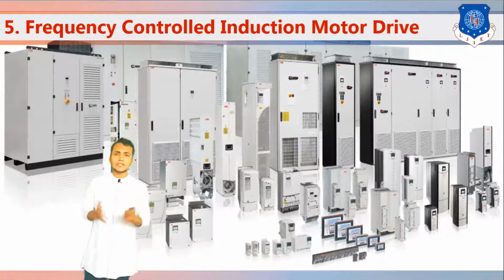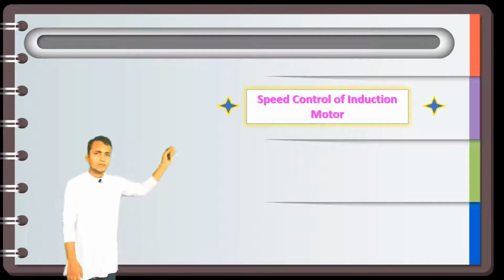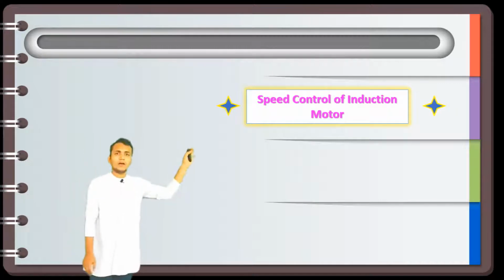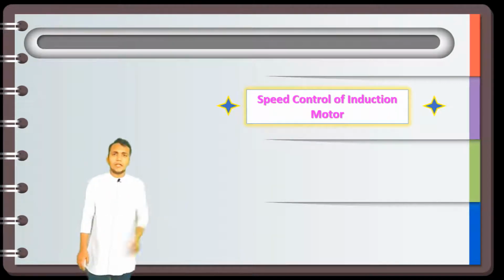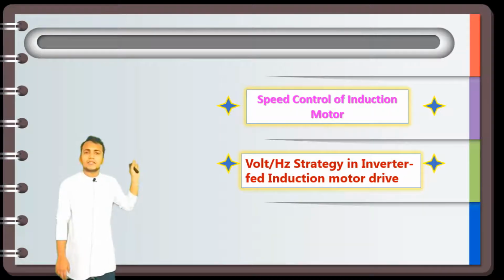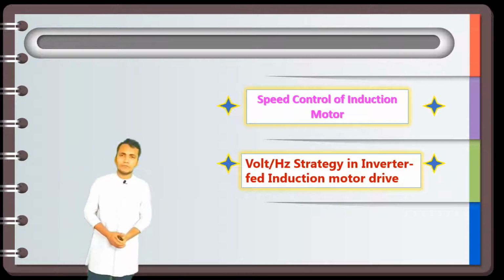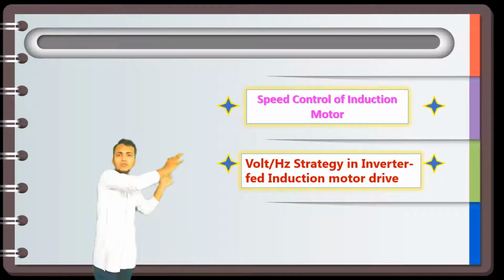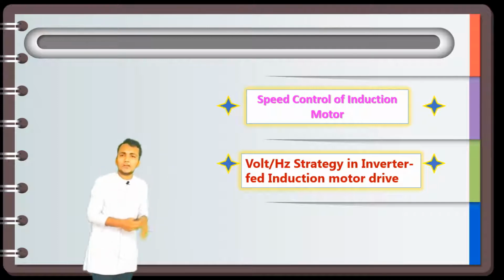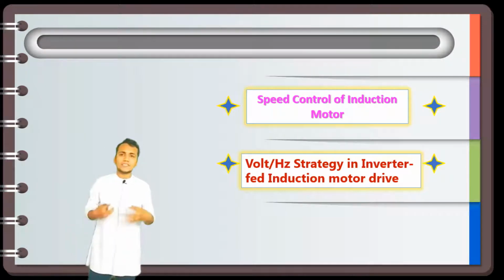Now in this session we will discuss the speed control of induction motor, then the voltage hertz strategy in inverter fed induction motor drives. So these are two main important topics for this chapter, because actually in the drive circuit we have to control the speed.